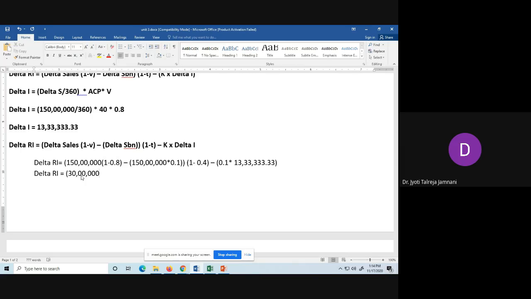Minus, now you do 150 lakhs into 0.1. 15 lakhs. 1 minus the tax rate, 1 minus 0.4 is 0.6. Then minus, now you do 0.1 into 13,33,333.33, which is 1,33,333.33.